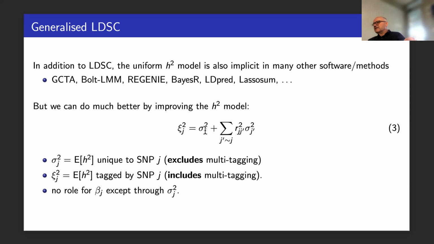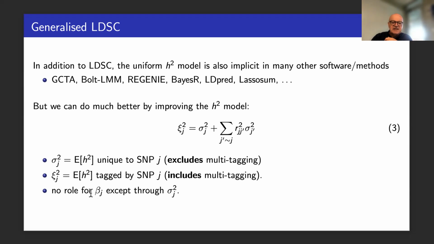You can't estimate a degree of freedom for every SNP, but if you express it as a function of MAF, LD parameters and genome function parameters, then you've got an estimable model, and you can get estimates of this sigma squared J and use it to improve LD score regression.